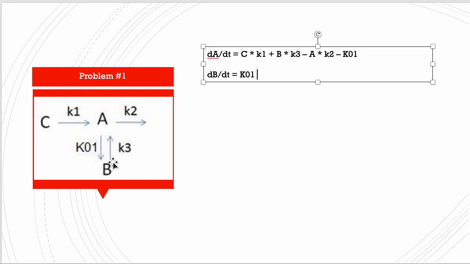Again, that's going to be anywhere the arrow is pointing out of, and all of the outputs are negative. In this case, the output is lowercase k, so that means we have to multiply it by the driving species, since the letter is lowercase. For this case, the driving species is going to be B, so we're going to subtract B times lowercase k3.